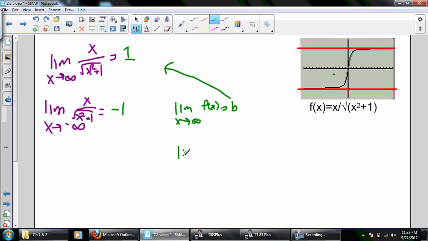Or as the limit as x approaches negative infinity of f of x equals b. And actually, instead of infinity, I should call this negative infinity, as we see here. That's where we find asymptotes. If you have further questions, you can definitely ask me in class.